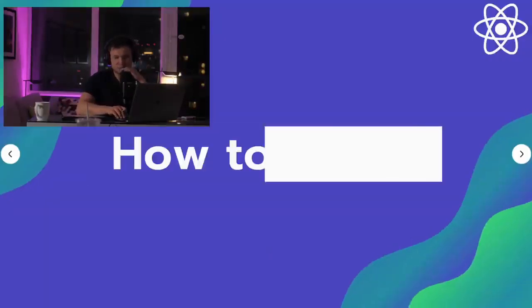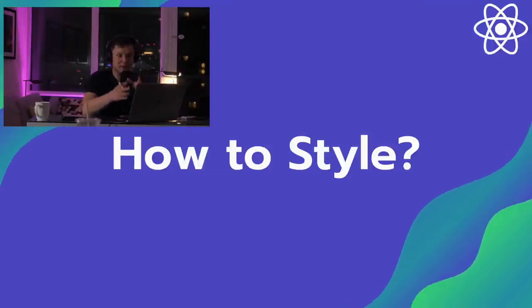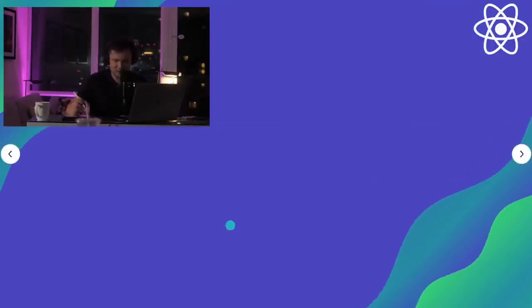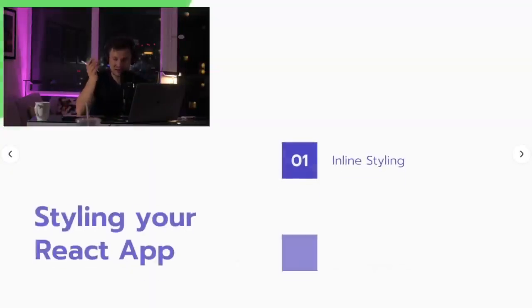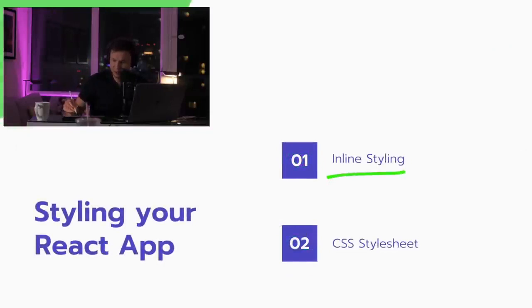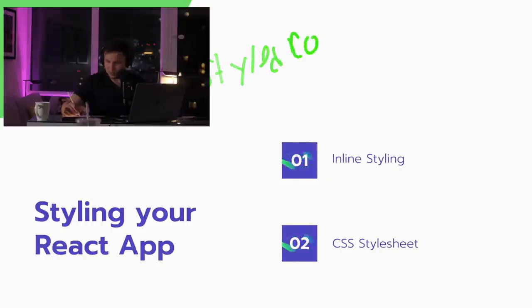Awesome. Moving on. So now you might be thinking, okay, so we have the HTML, but how do you style this? In JSX, in React.js, styling is pretty simple. You can either do inline styling or CSS using an external CSS style sheet. And there's another one called styled components. So you could take a look at that as well.